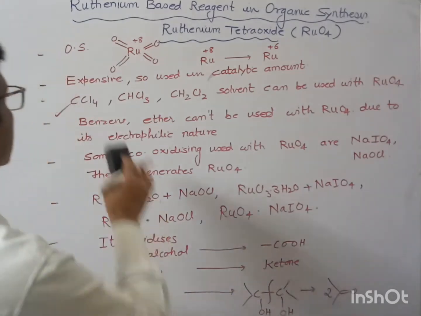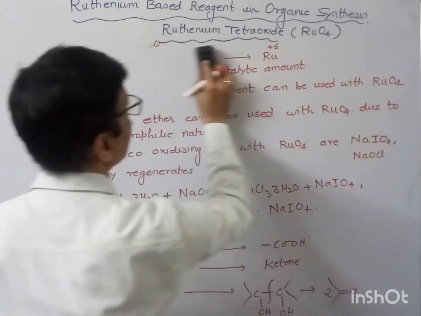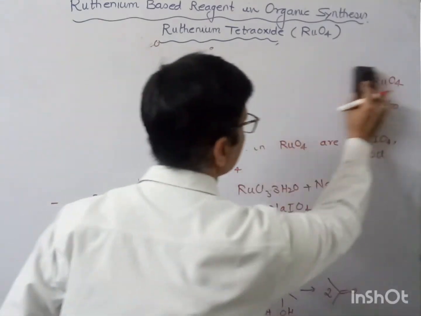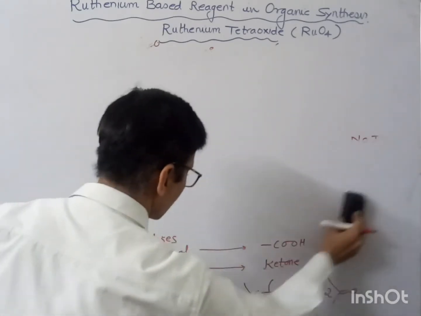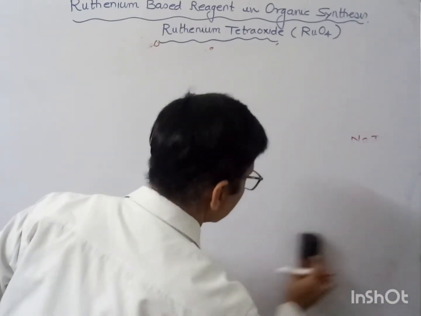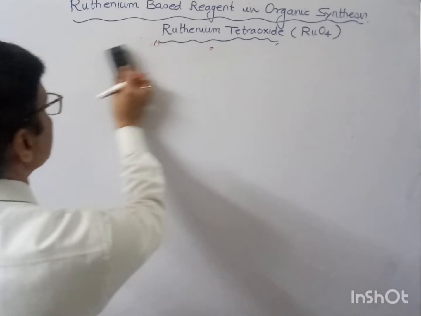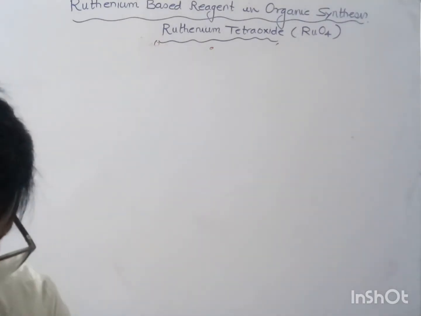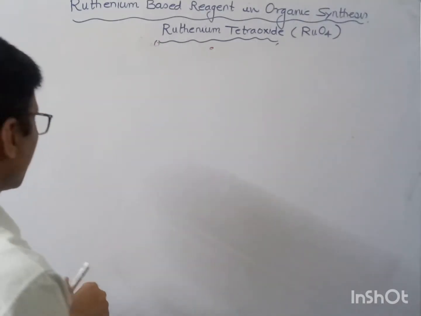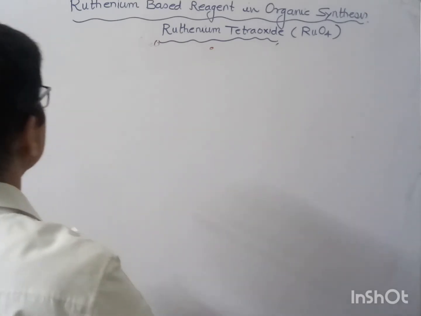Okay, so let's see some of the reactions. First of all, the mechanism of oxidation of alkene.